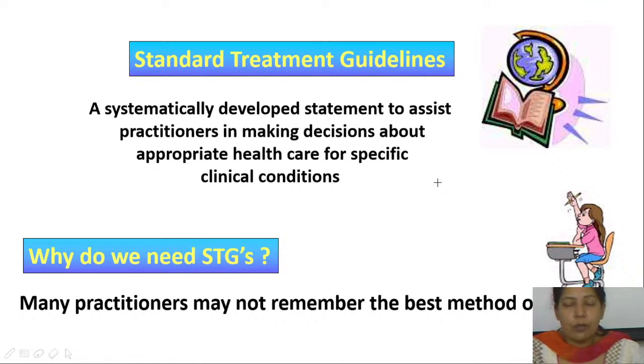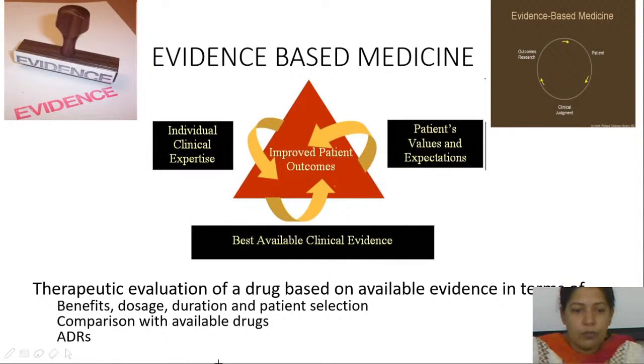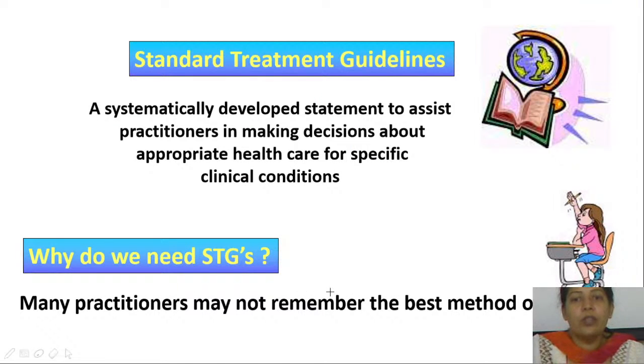It would give treatment guideline as first line of preferred treatment, and second line or alternative treatment. So that way you don't have to do this exercise of looking at all the evidence yourself and then evaluating. This evidence goes into the formation of standard treatment guidelines, and it simplifies the on-table prescribing for physicians.